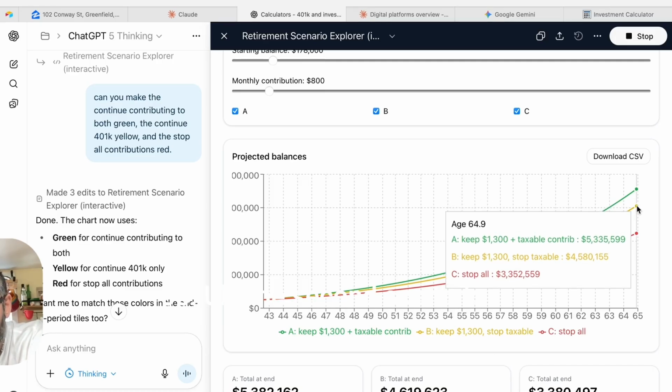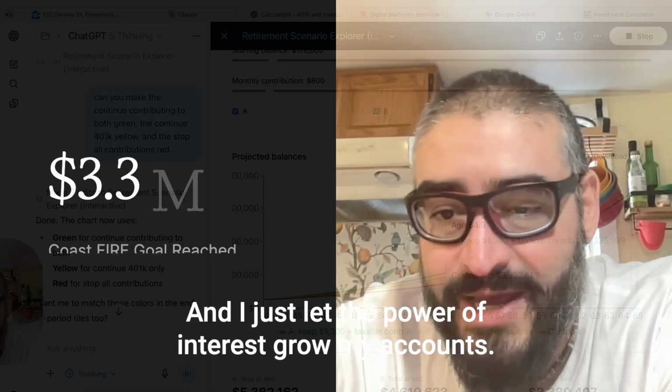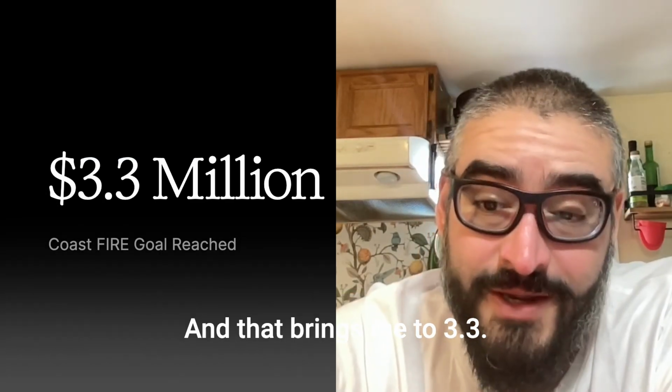The second scenario is one where I keep putting into my retirement fund, and I stop adding money to my brokerage account. That brings me to 4.5. And then the third scenario is that I stop contributing at all, and I just let the power of interest grow my accounts, and that brings me to 3.3.